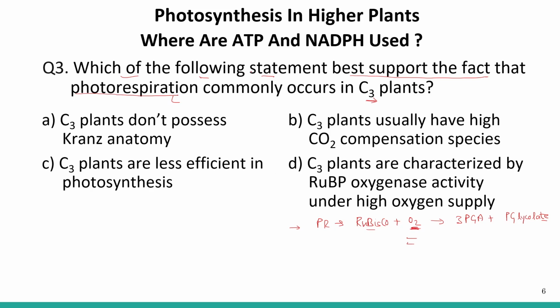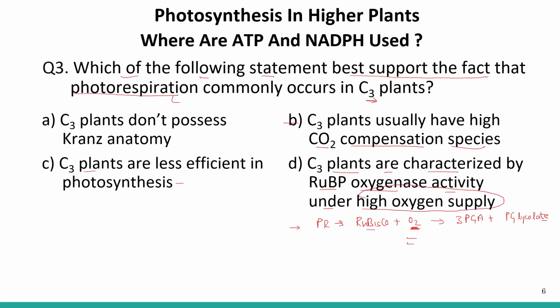Alright. So now let's read the statements. The first is C3 plants don't possess Kranz anatomy. Now option B is C3 plants usually have high carbon dioxide compensation point. Third option is C3 plants are less efficient in photosynthesis, and fourth option is C3 plants are characterized by RuBP oxygenase activity under high oxygen supply.